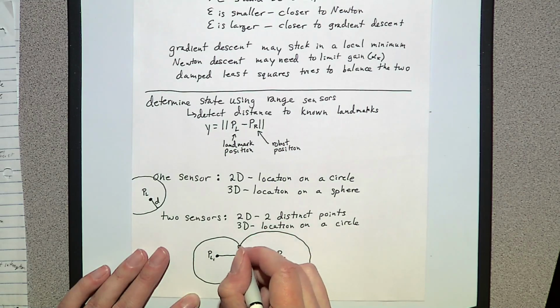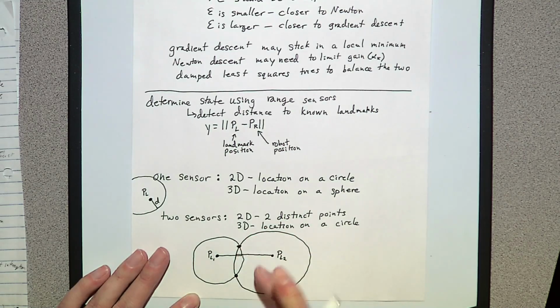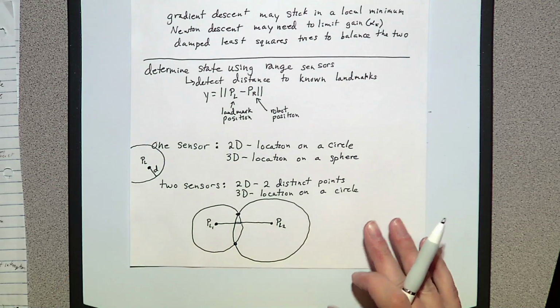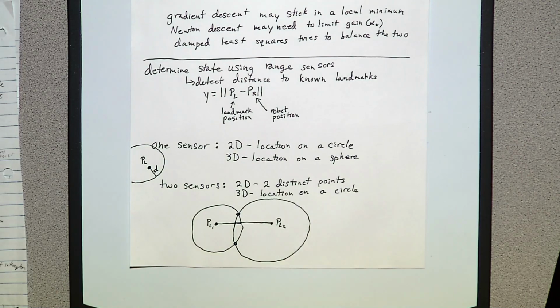You can see that there's two possible points in this 2D case where our robot could be, and we'd get those two measurements. It might be a little harder to visualize in 3D, but if you have two spheres intersecting, that actually gives you a circle.